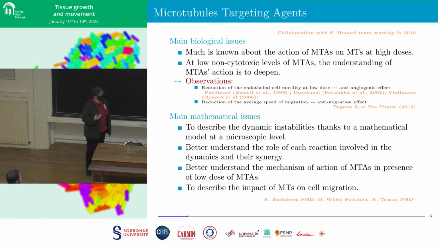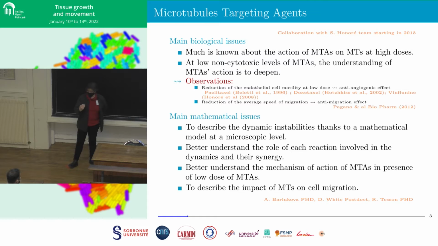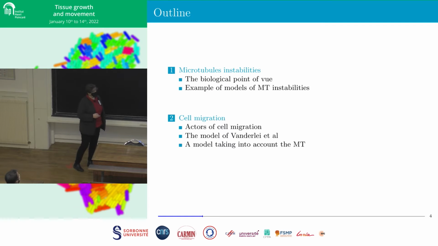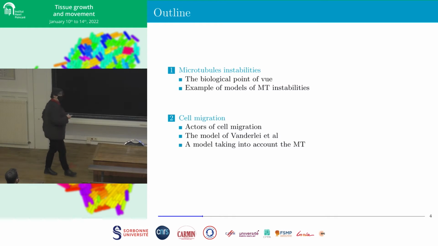So the mathematical issue will be describing the dynamical instability of the microtubule, modeling the effect of the drug, and also looking at the problem of cell migration. Okay, so I will start with the description of the microtubule instability and the action of the MTAs, and then we will see the problem of describing the action on cell migration.